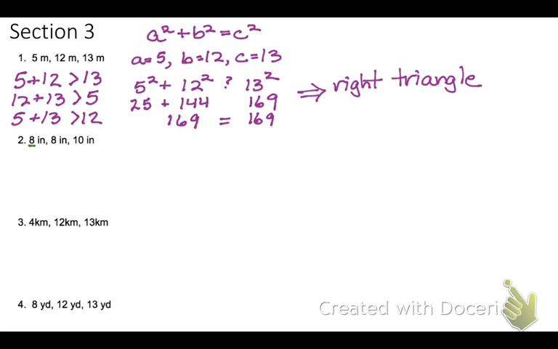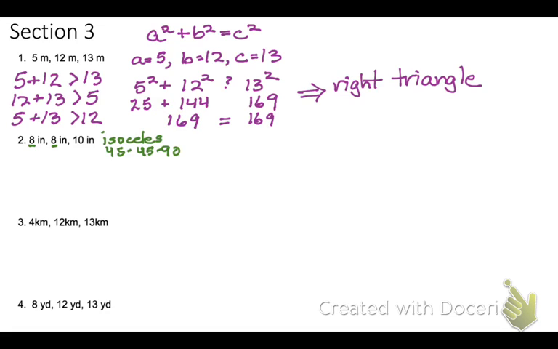This is 8 and 8, so the 2 legs are equal, and the base length is 10. If we have 2 equal legs, we know this is an isosceles triangle. And we also know it's a 45, 45, 90. But we still need to do these same tests. They're just going to be a little bit shorter.